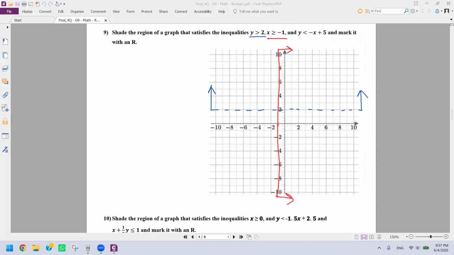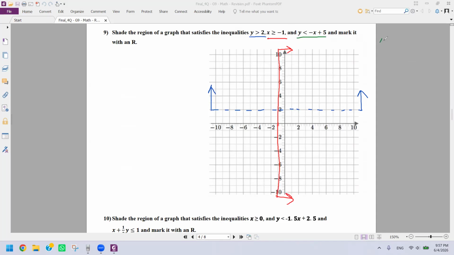Now, the last inequality, y less than minus x plus 5. Well, how can I draw that line? Any inequality or any equation that you don't know how to draw, you need to make points in order to get it on the graph. How to get points?